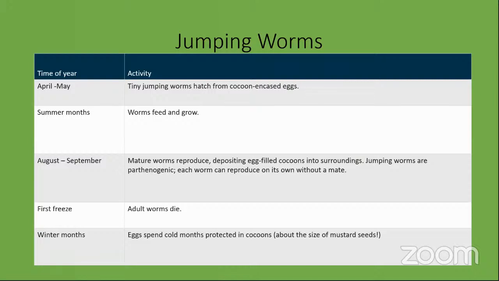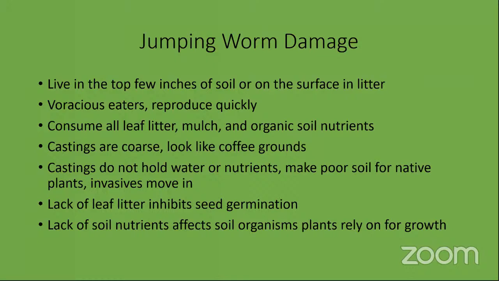And when it first freezes in the fall, the adult worms die. At least we think. We have not seen any that have survived the Wisconsin winter. The eggs are in the ground during the cold months, protected in their cocoons, about the size of mustard seeds or smaller. And then in April or May in the spring, they start the life cycle all over again.